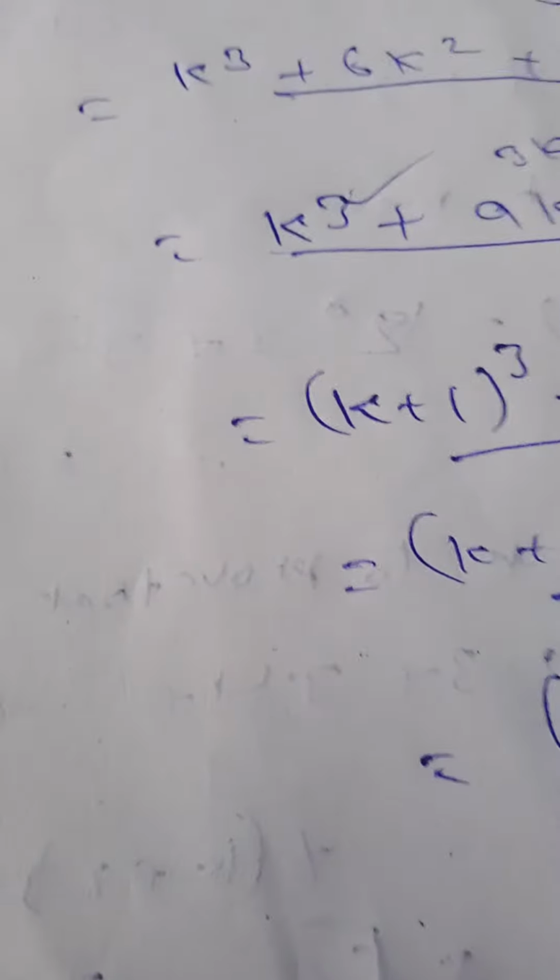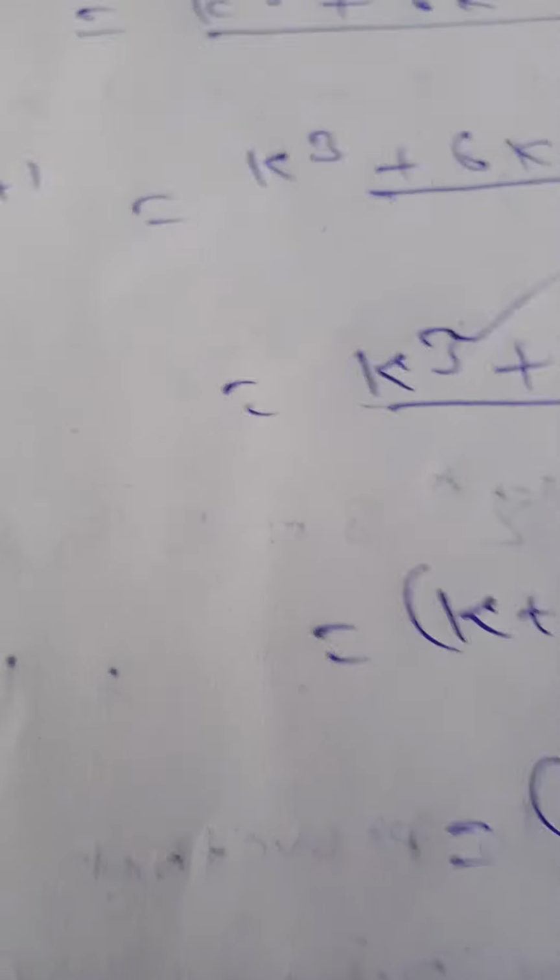Now (k plus 1) whole cube plus 6 into (k plus 1) whole square. For this also we have to do some rough work. 6 into (k plus 1) whole square means 6k square plus 6 plus 12k.